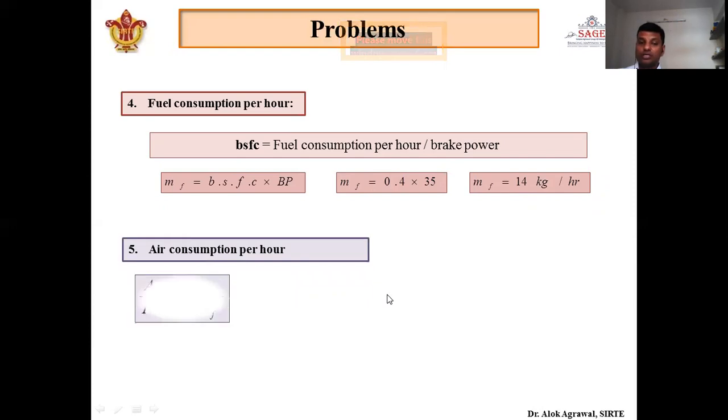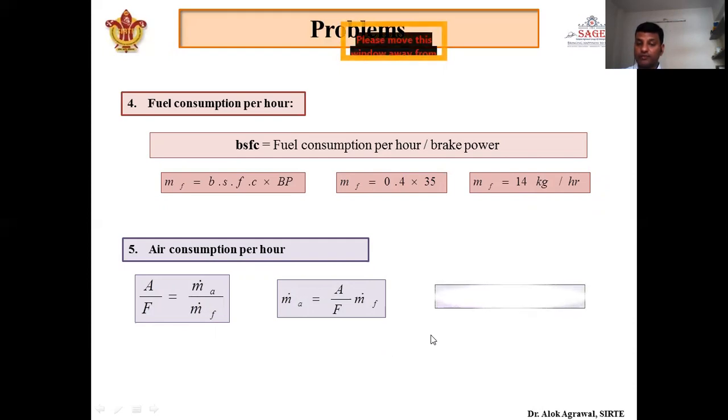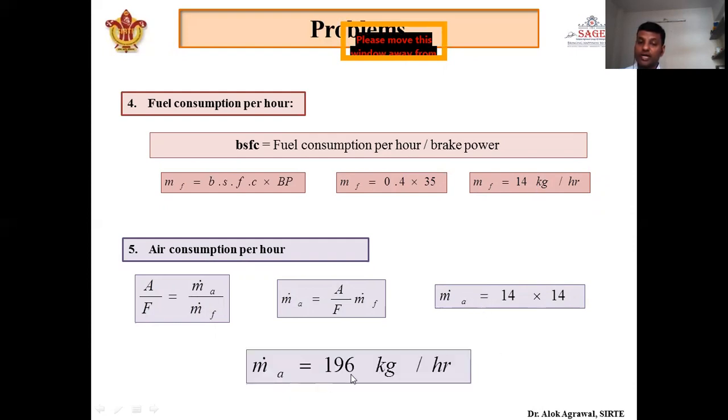The air fuel ratio is ma by mf, given as 14 to 1. So ma is equal to A by F into mf, where A by F is 14 and we have just calculated mf as 14. So 14 into 14, the mass flow rate of air is 196 kg per hour. So this is a very simple problem.